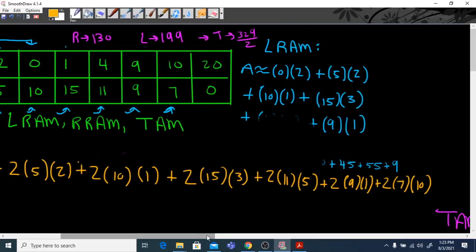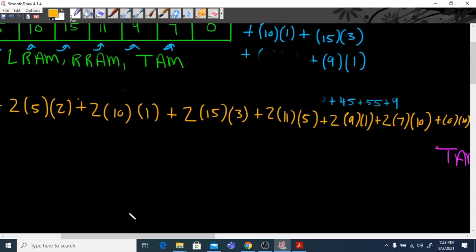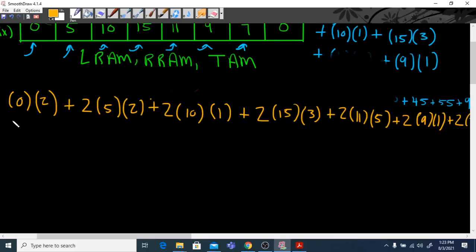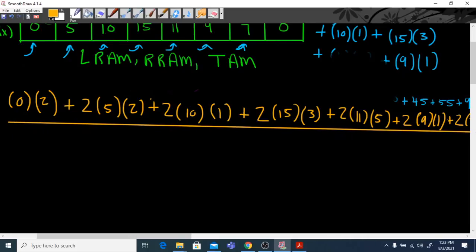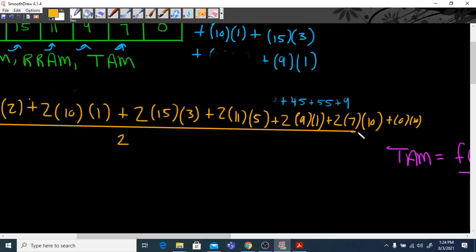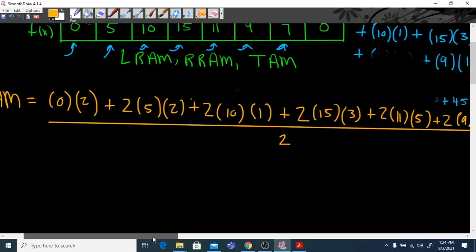And then let's see, finally, end term does not get a 2. 0 times 10. Okay, so there's that. And then we are going to divide all of that by 2. So I guess we'll just see what we get.